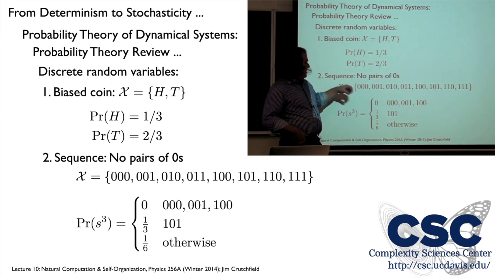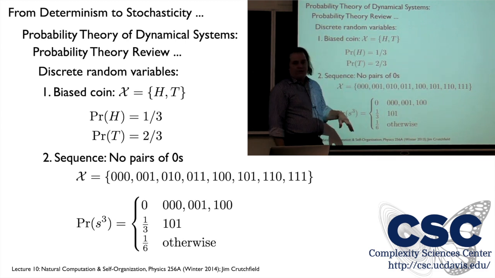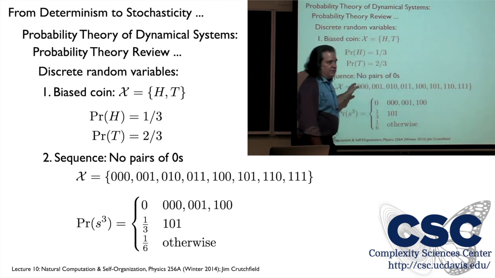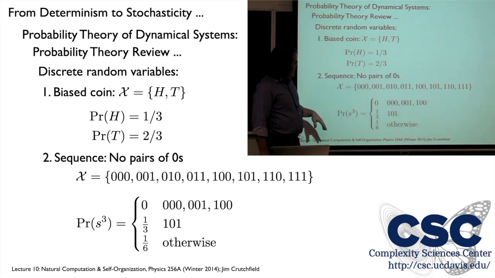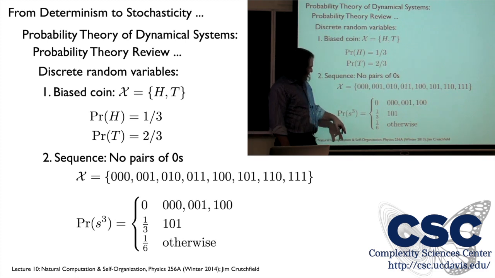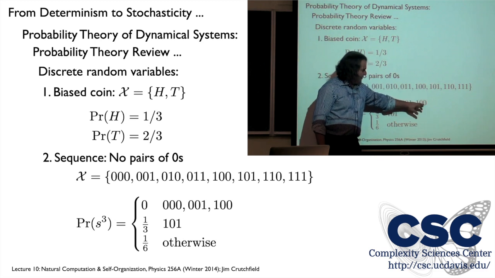This process emits sequences of blocks of 3 bits, three binary variables. There are 8 possible, so the event space here is the 8 binary strings of length 3. And here's one particular example, a random variable where I assign probability 0 to 3 zeros, 0, 0, 1, and 1, 0, 0.